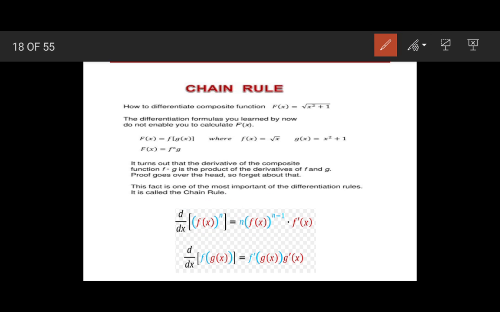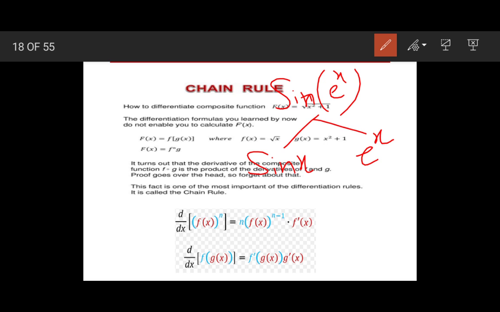Clear? Suppose the function is sine of e raised to x. Now sine of e raised to x is not a single function. It is a combined function. Here two functions are combined. The functions are sine x and e raised to x.